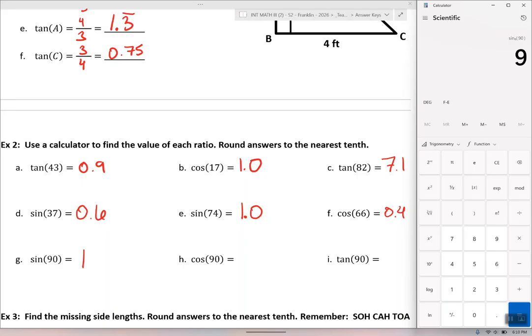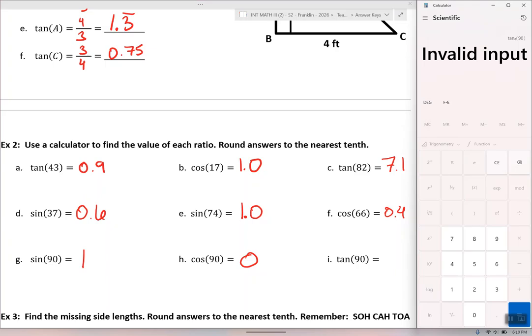Our cosine of 90 gives us 0. And that's because that x value for the same type of situation would be right at 0. And the tangent of 90 says invalid input.